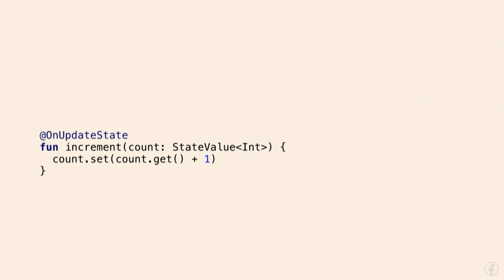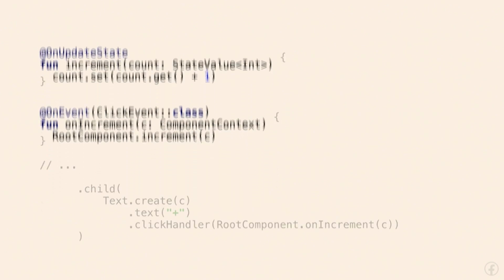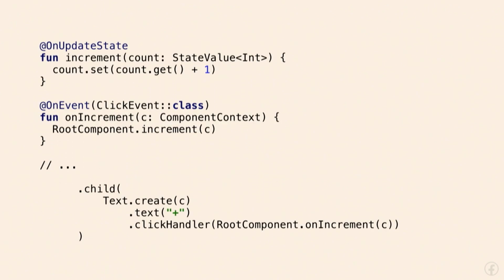For updating this state, we need to declare an OnUpdateState function that will just increment the value. Take the previous value, increment it, and set it again. And we need to bundle this with an event handler to react on clicks. Event handlers are declared with the OnEvent annotation. The last step is to wire up this event handler with the plus button, and basically that's it.